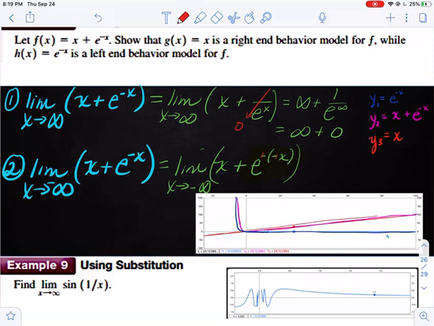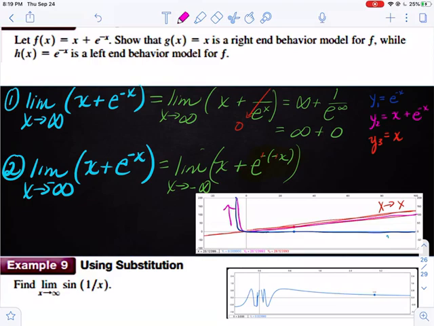So on the positive side, as x goes to infinity, you can see that your function y2 is just going to behave like y equals x. Whereas as x goes to negative infinity, you see that y2 is going to behave like the blue graph, y equals negative x.